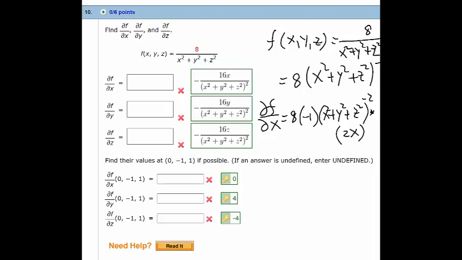So when you are doing the derivative with respect to y, for example, you write del f del y, or you can say fy here. It will be the same thing, like 8 times negative 1 times x squared plus y squared plus z squared to the negative 2 times 2y now. Yeah? And then the next one will be times 2z, like that. Isn't it?